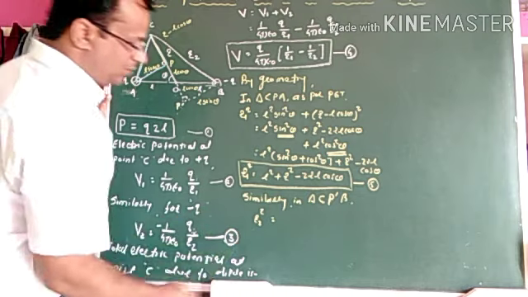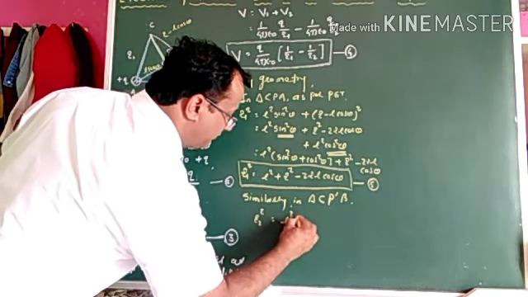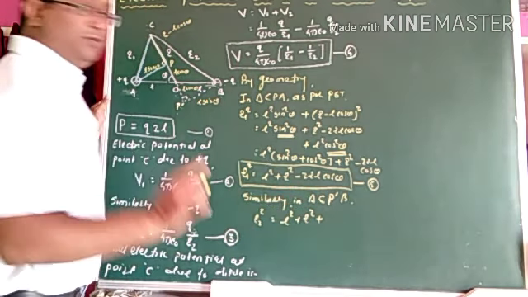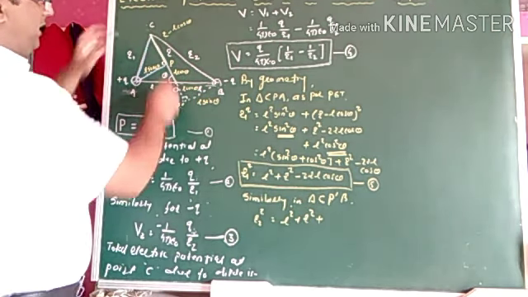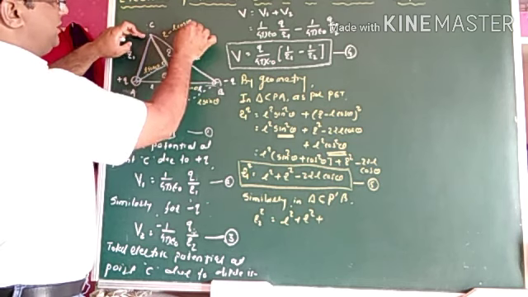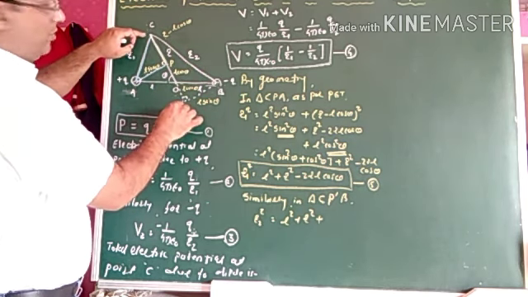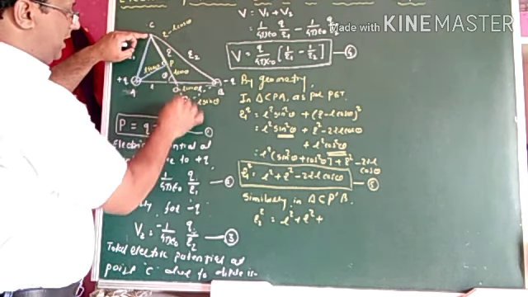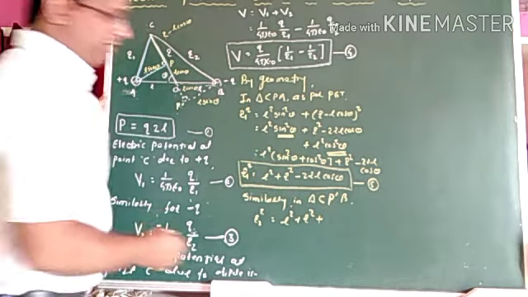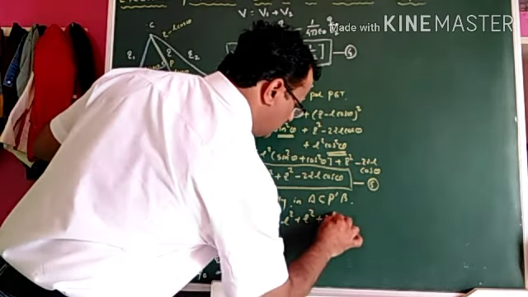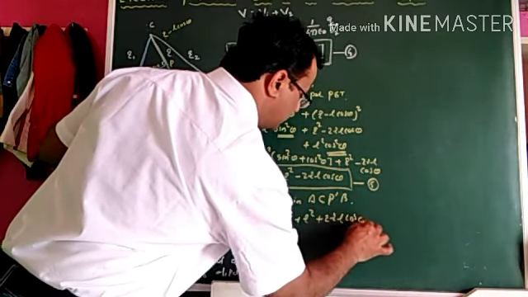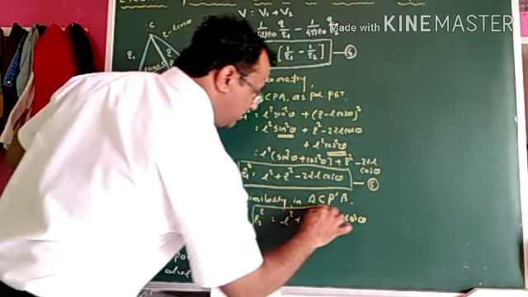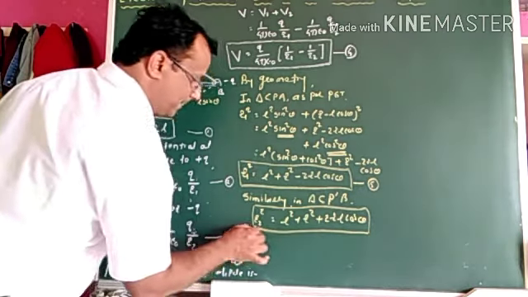R2 square is equal to L square plus R square plus, instead of minus sign, simply the plus sign. Why? In this case we get R minus L cos theta, but for this case the total distance, that is CP dash, is nothing but R plus L cos theta. So we take the positive sign: 2RL cos theta. Suppose this will be equation number 6.